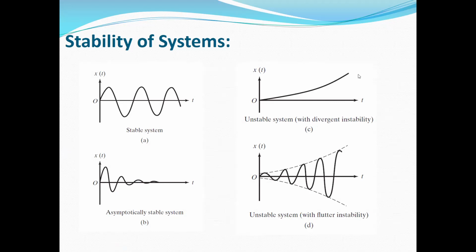As you can see, there is no vibrating motion. And finally, case D is again unstable, but this is called a flutter instability, because we have vibrating motion, but the amplitude is increasing by time. So this is the summary of the stability behavior in the response of structures.